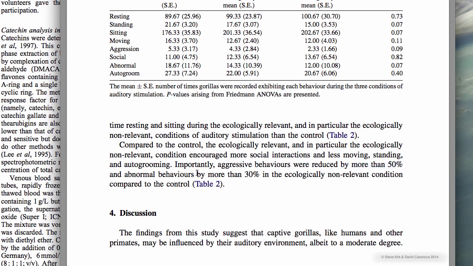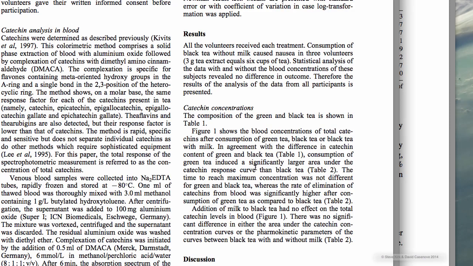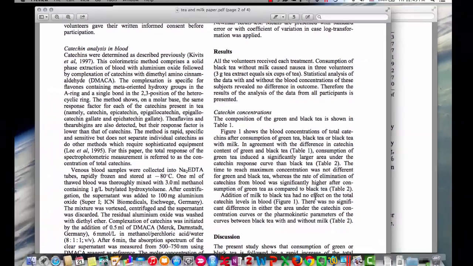And in the case of abnormal behaviors, by more than 30%. And again, this is a good phrase, compared to the control. In the case of the tea paper, consumption of green tea induced a significantly larger area than black tea. Okay, the time to reach maximum concentration was not different, whereas the rate of elimination of catechins from blood was significantly higher as compared to black tea.